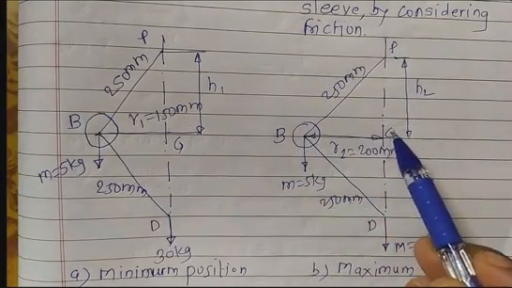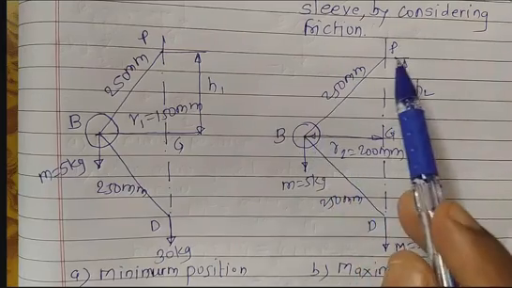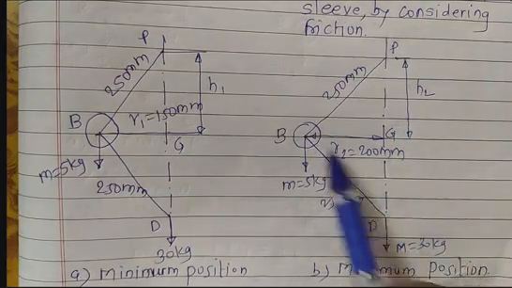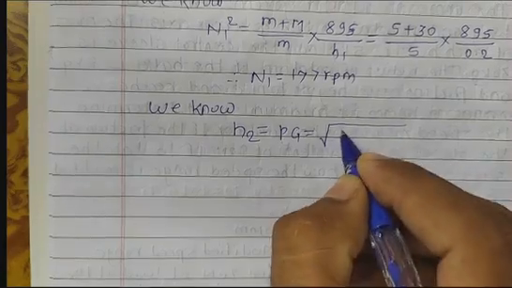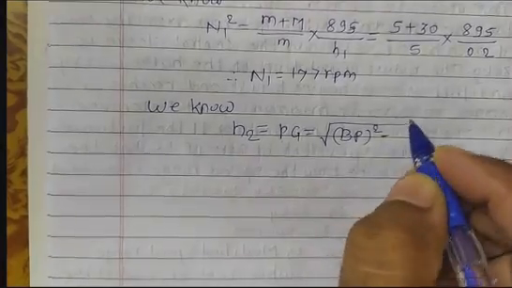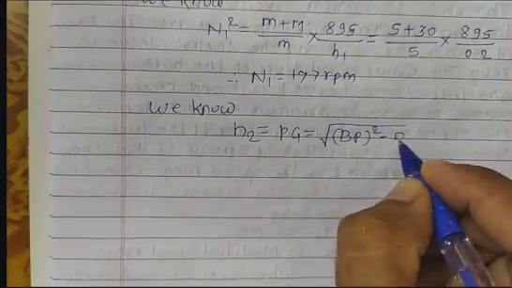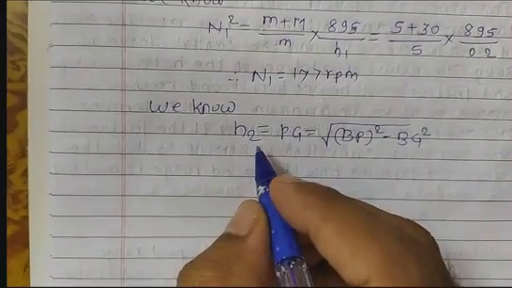So h2 is nothing but, by using Pythagoras theorem, square root of BP square minus BG square. From BP square minus BG square, we can get the PG, that is h2.